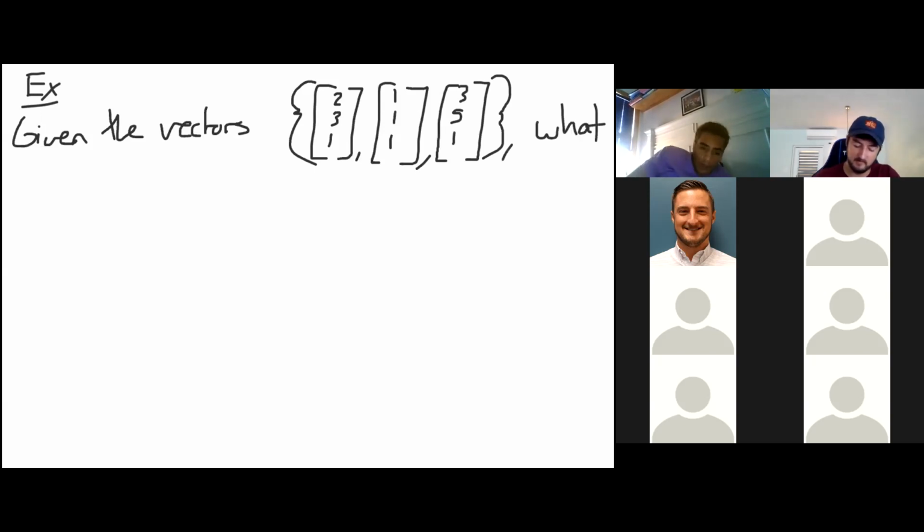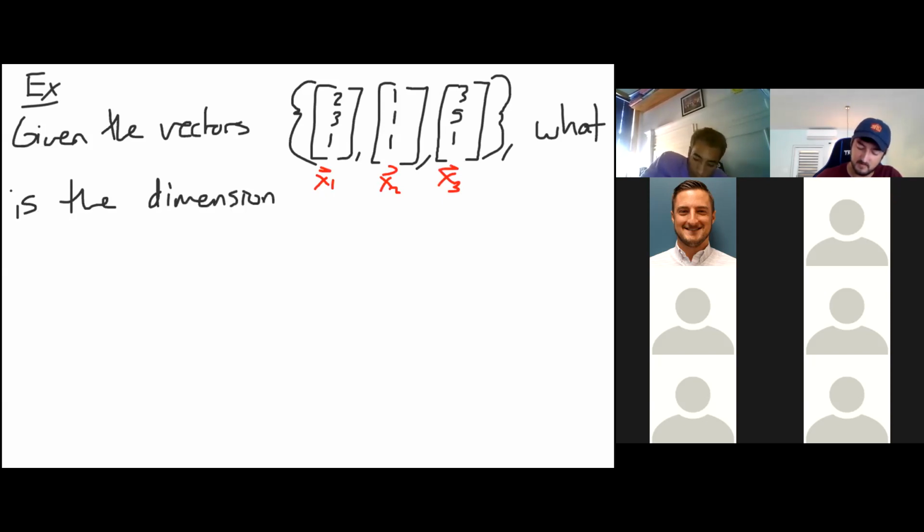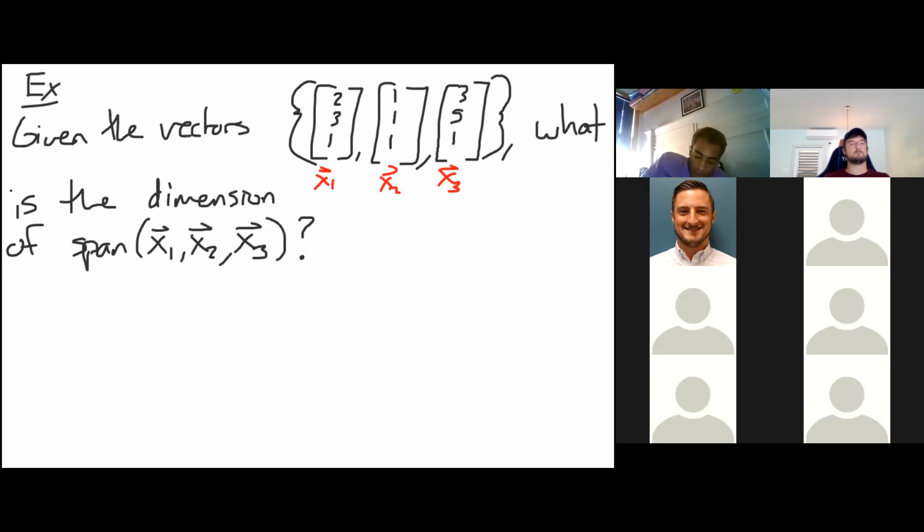I'm just going to refer to that first vector as x1, the second vector as x2, and the third vector as x3. The question we want to ask is, what is the dimension of the span of these three vectors?